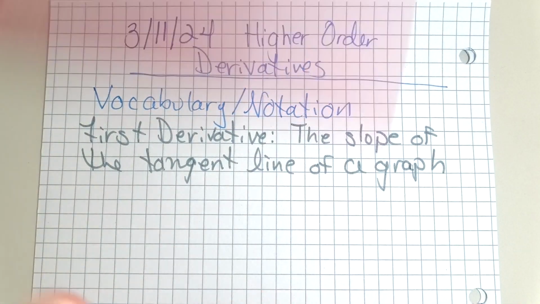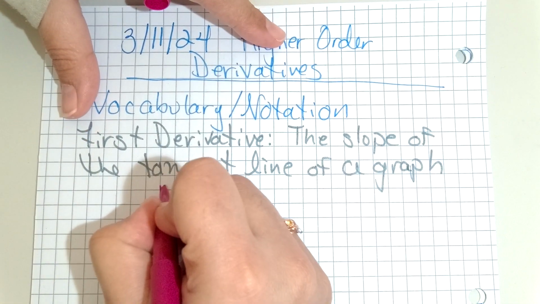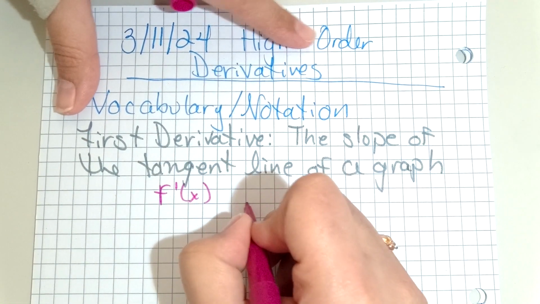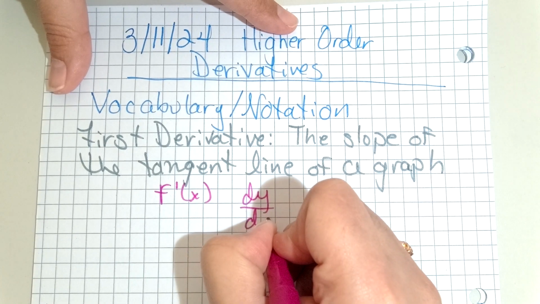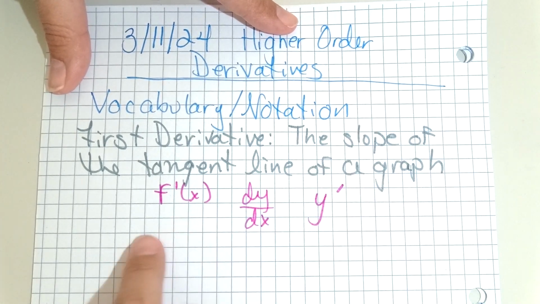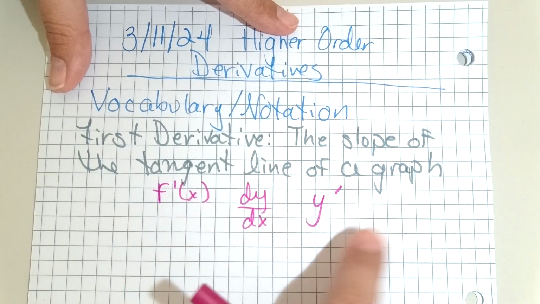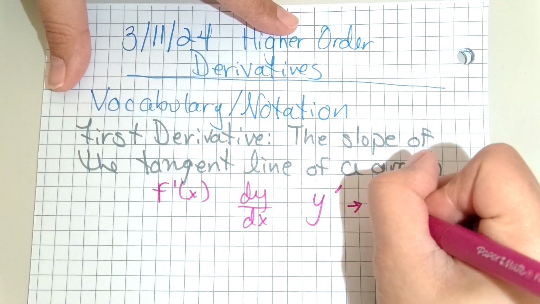We have been using the notation f prime of x or dy dx or y prime. These are all the notations for the first derivative.